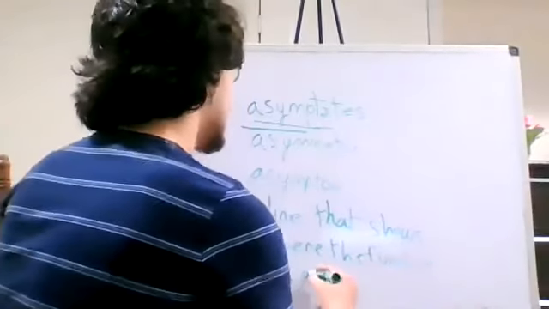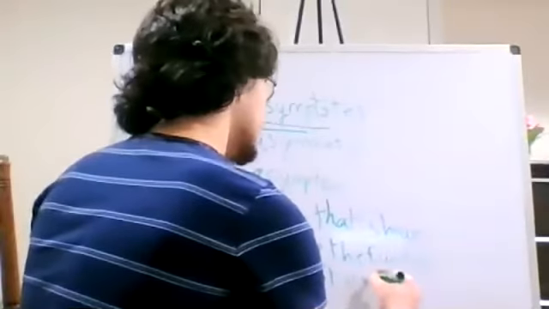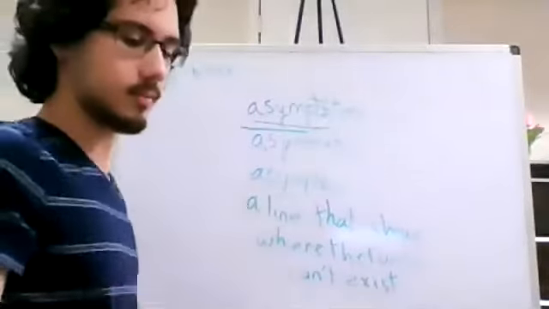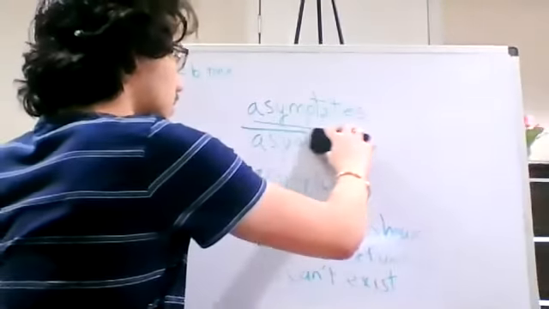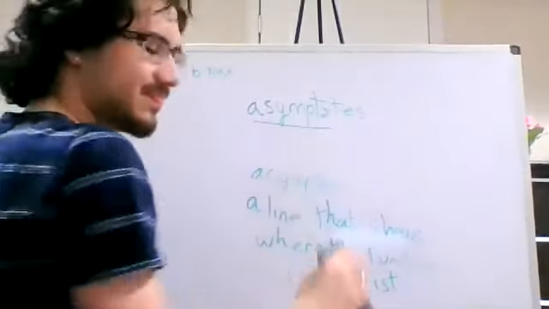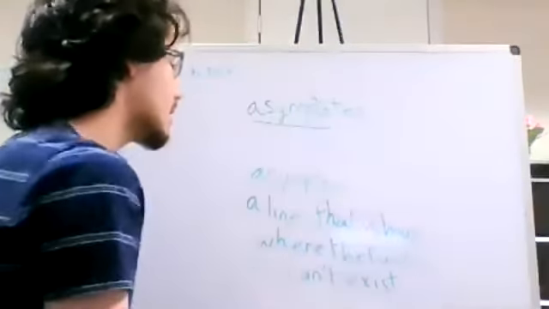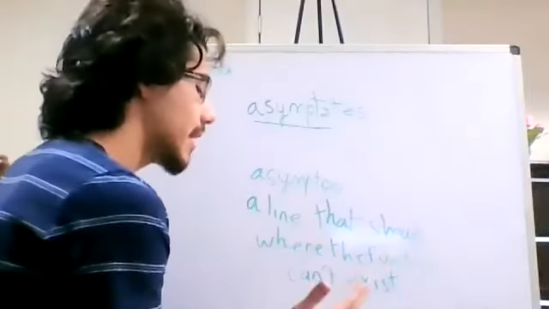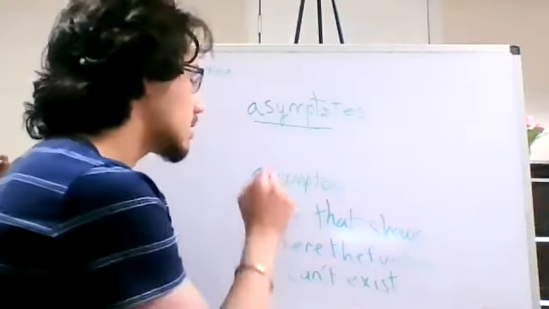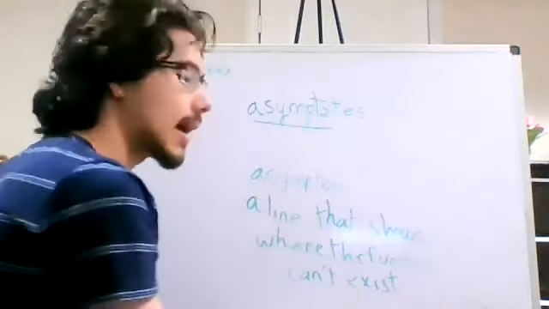Or where the function can't exist. That makes more sense. So if you look at it as asymptomatic, an asymptote could mean that this line shows where the function cannot exist. So it is asymptomatic of existing where these lines are.